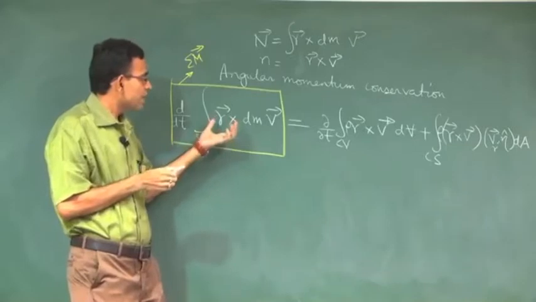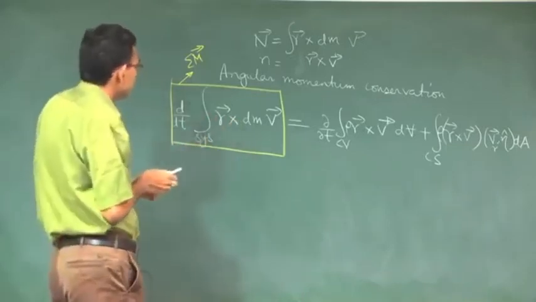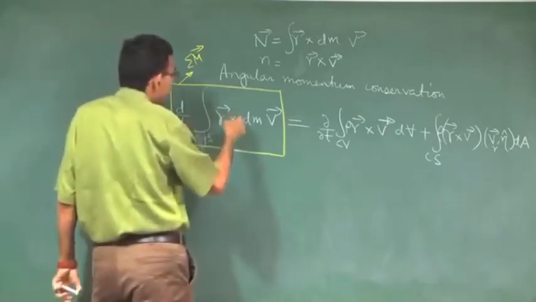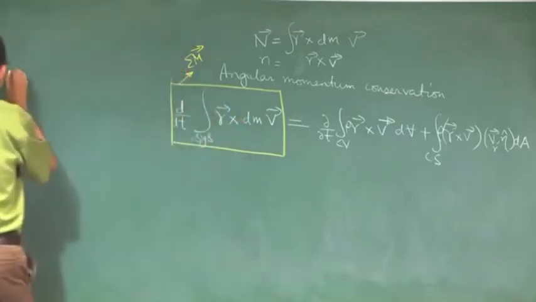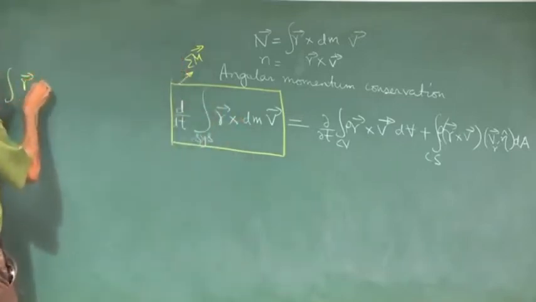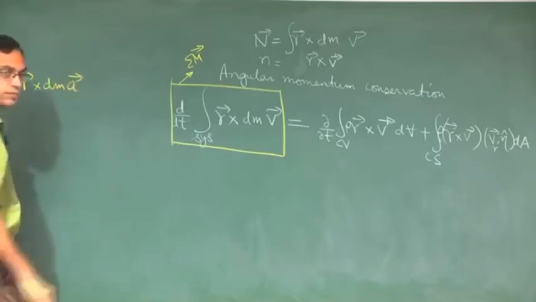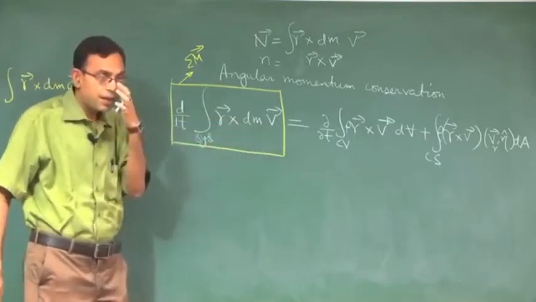So, this is why there will be a correction term. Just take that you are able to take the d/dt inside, then it will be r cross dma.